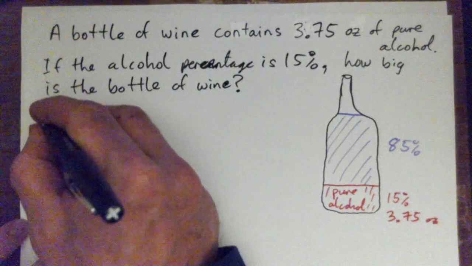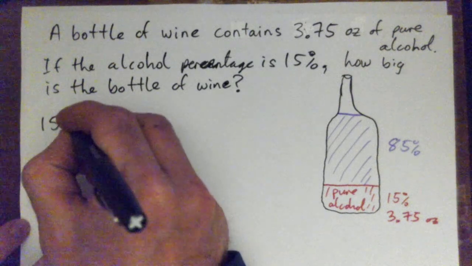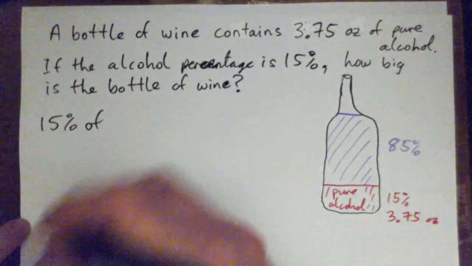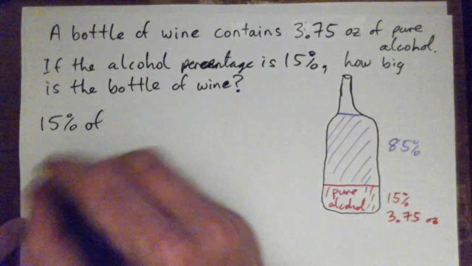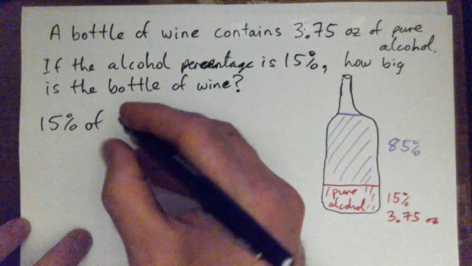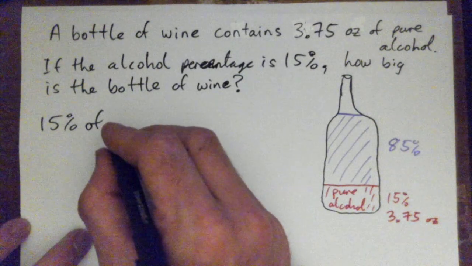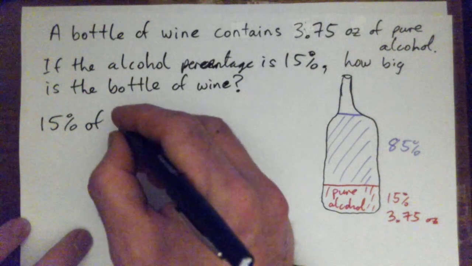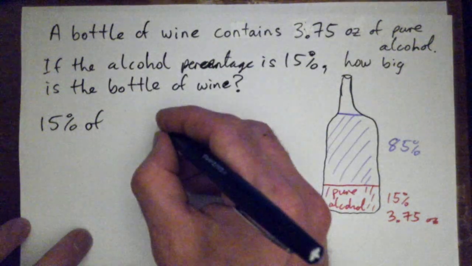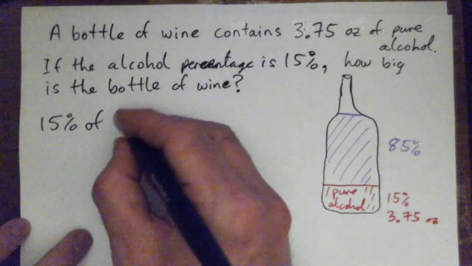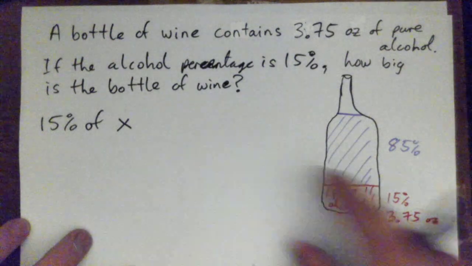What we could say is the 15% of all of the wine, of everything, that all of the wine is, I don't know what word to use. I guess I'll just do X because we're looking for the whole amount.